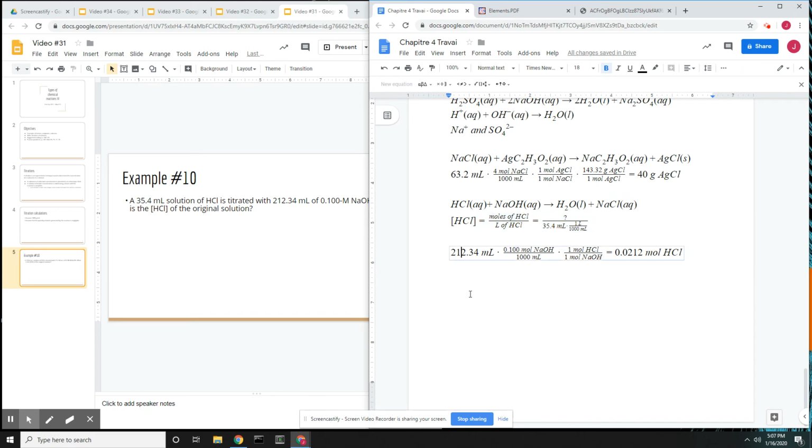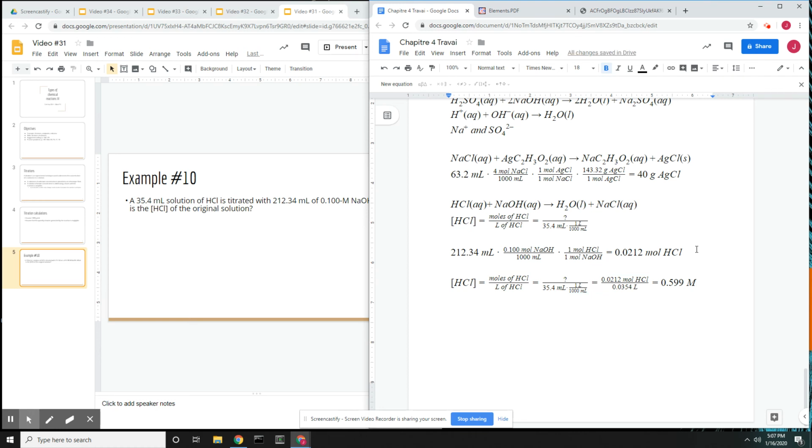So then I take what I was working with before, and round my final answer to 3 significant figures. And I'm left with 0.599 molar.